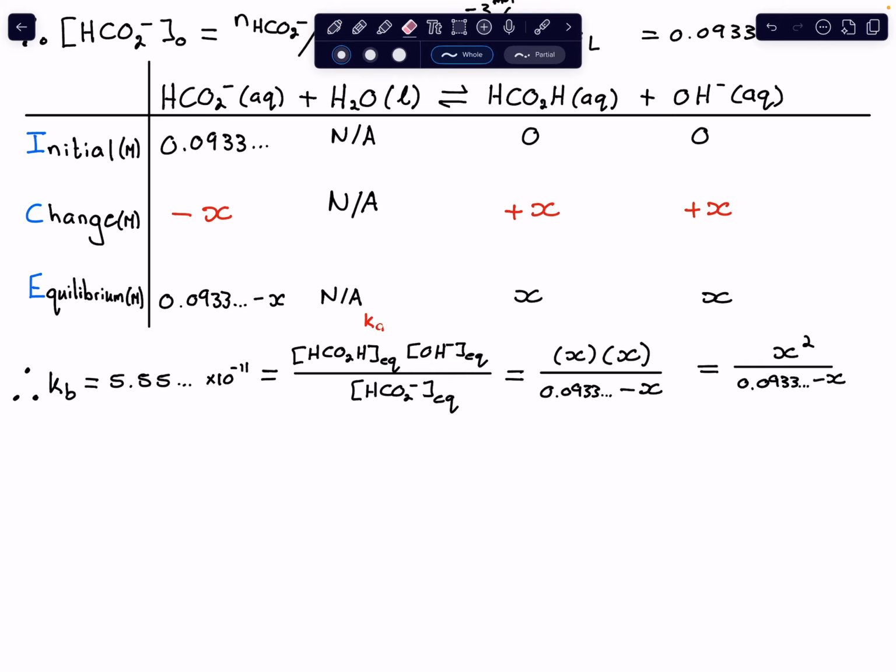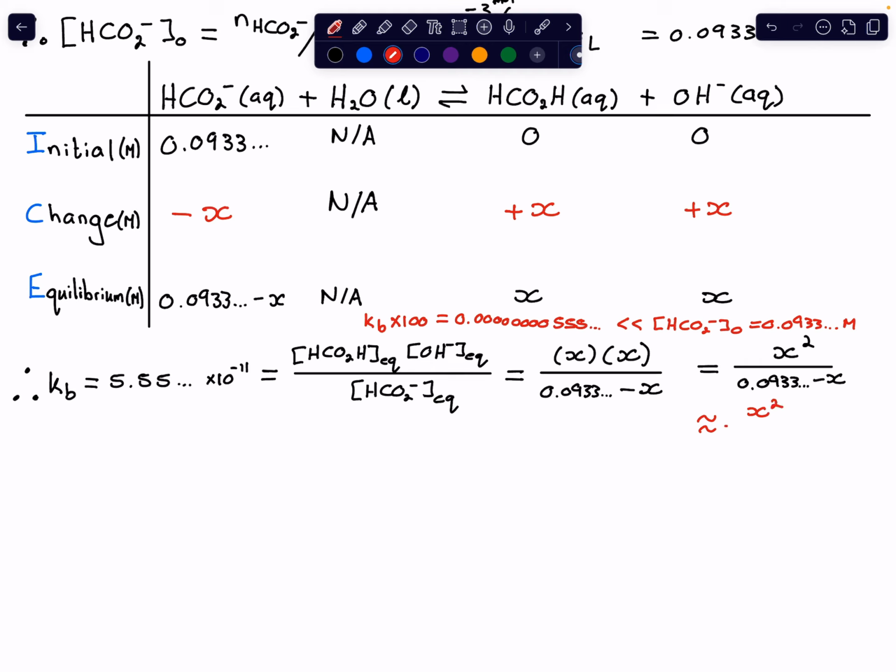So this is Kb times 100, in this case 5.5 times 10 to the minus 9, which is much less than the initial concentration of that, which is 0.0933 molar.